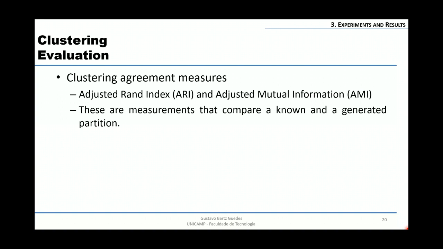If we have a labeled test data set, with a sentence and its corresponding label, such as methods or results, we have a known partition. Once we generate the clusters for these sentences, we can compare whether the sentences belong to the original clusters of the test data set.